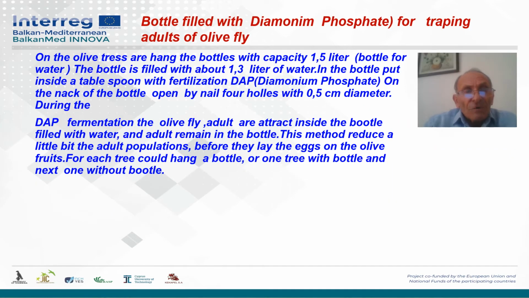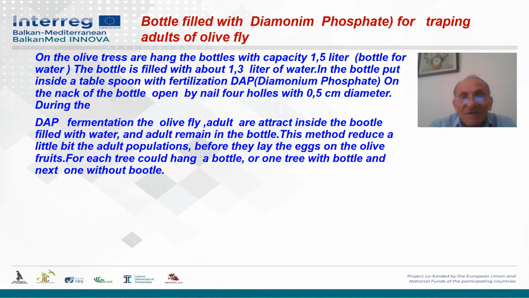Another simple method for reduction of olive fly population is the bottle filled with diammonium phosphate. On the olive trees are hung bottles with a capacity of 1.5 liters, normal water bottles.